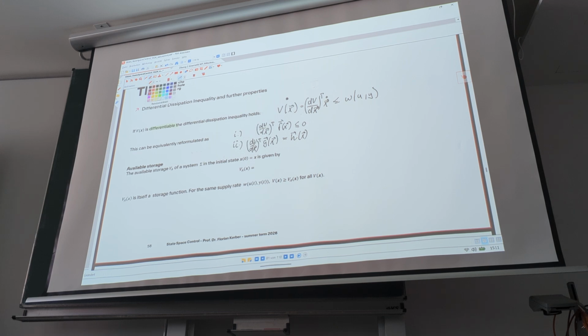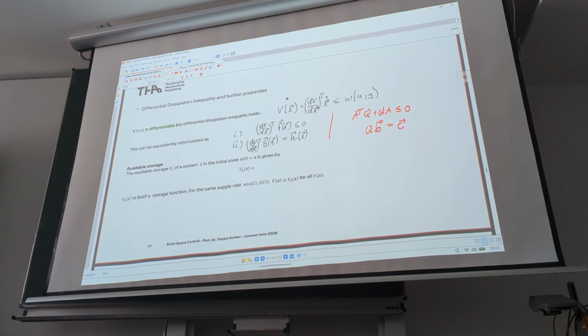Or in the linear case, it would be A transpose Q plus QA less or equal to 0, and Q times B equals C. Okay, so that would be the nonlinear and linear case, the so-called Hill-Moylan conditions that we have.